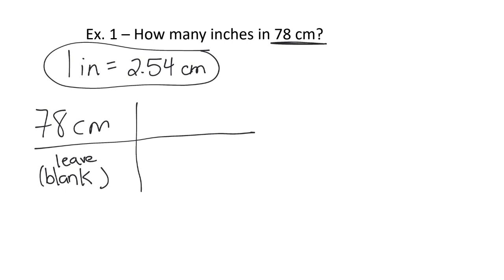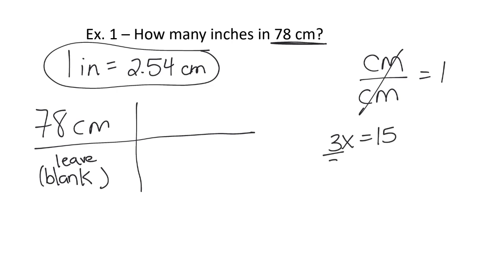So before we decide what to do, just remember, centimeters divided by centimeters, they cross out and equal 1. So if you remember in math, if you were doing 3x equals 15 and you divided both sides by 3, those 3's crossed out because they became 1.